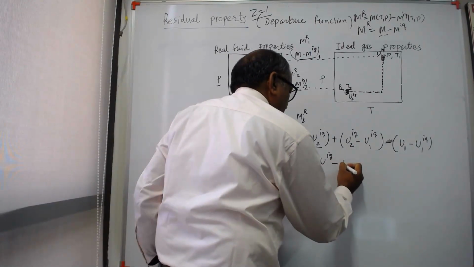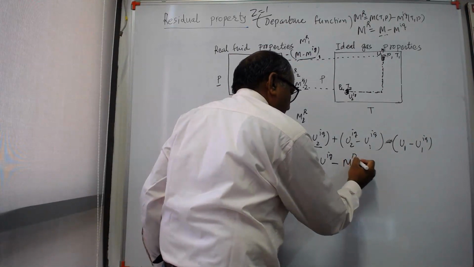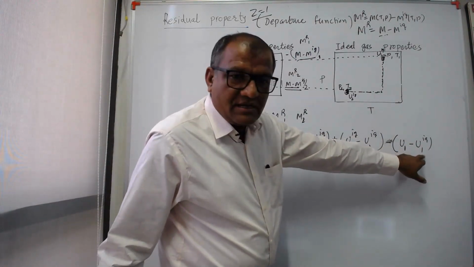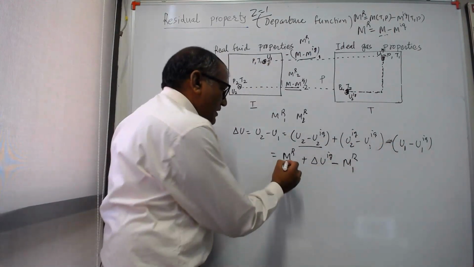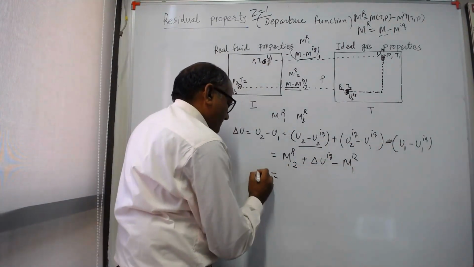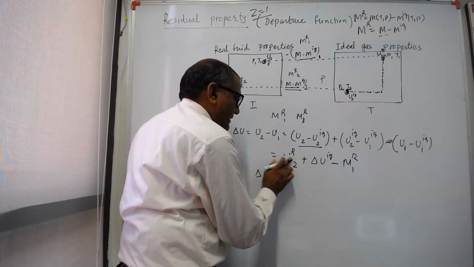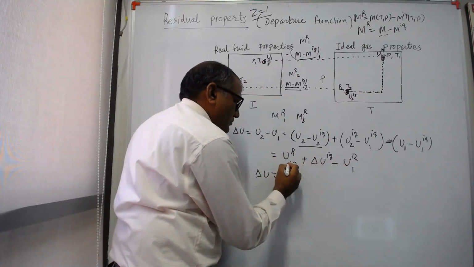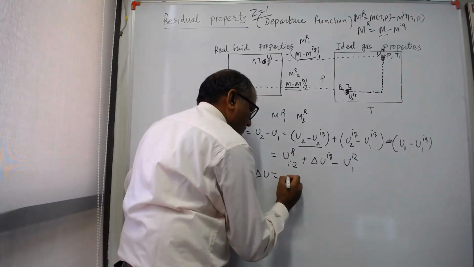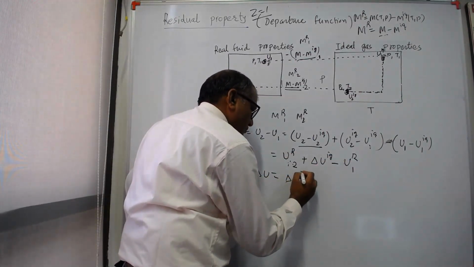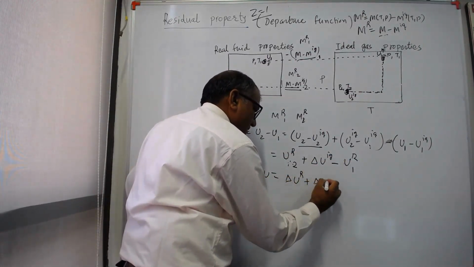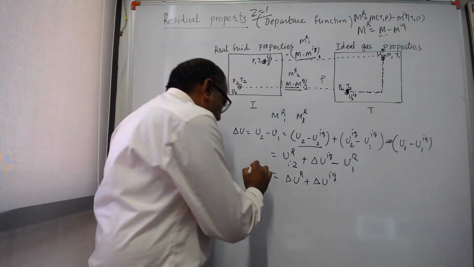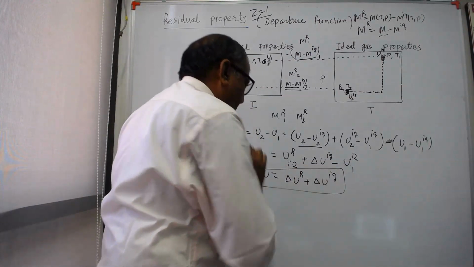Again this would be M^R1, real gas property minus ideal gas property for the state 1. And this can be again written in terms of U. So this U2^R minus U1^R, that is again delta U^R plus delta U^ig. So this is the one equation.